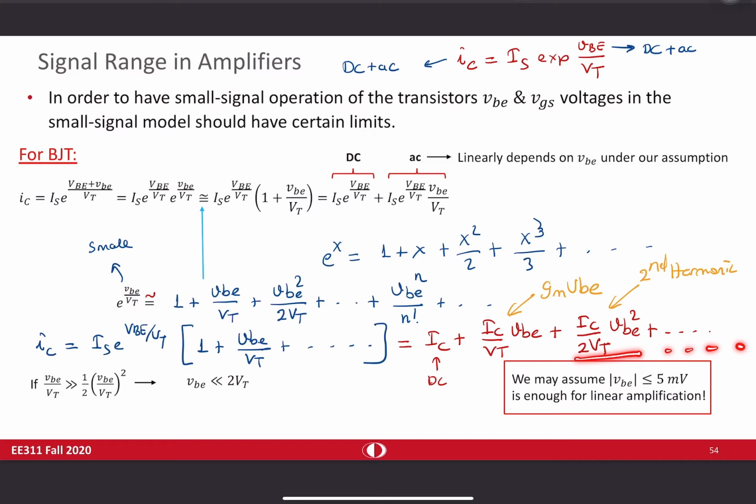So for linear assumption or small signal operation, I have to show that this term is significantly larger than the rest of them.